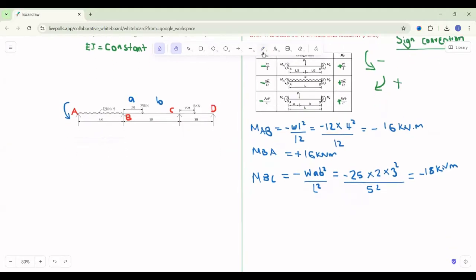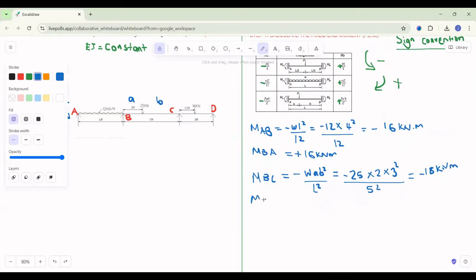So now to work out MCB, again you use the same formula, but now it will be a squared multiplied by b divided by L squared, which will give you a positive. So this is positive 25 multiplied by 2 cubed multiplied by 3 divided by 5 squared.